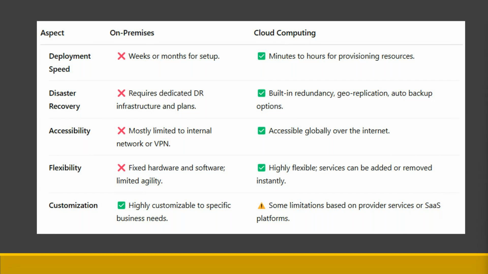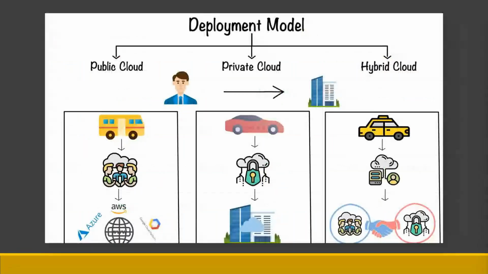Yeah. So coming to the next topic, in continuation with the cloud computing that we are discussing today. When we say deploying a cloud system in our organization, generally they deploy it in three ways.